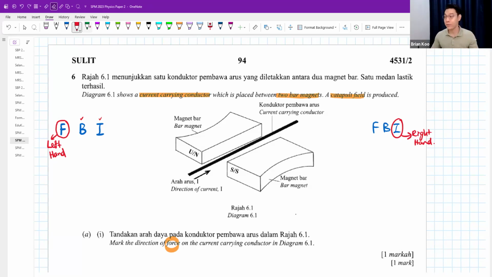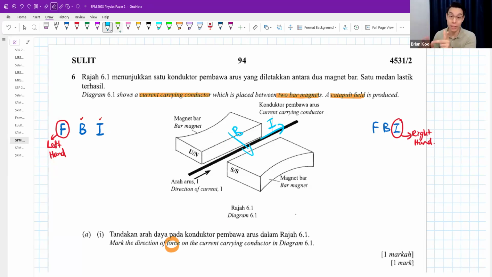Looking for F on the left, looking for I on the right. So you're going to do it one by one: your index finger, starting from north pointing to south. And then your current finger, your middle finger, is going into the page. This is the I going into the page. Your thumb will naturally be pointing upwards.